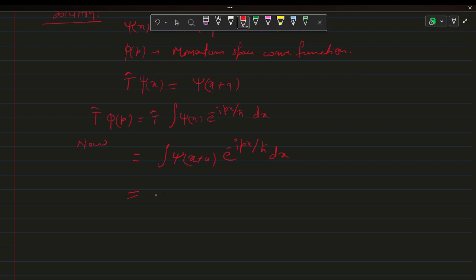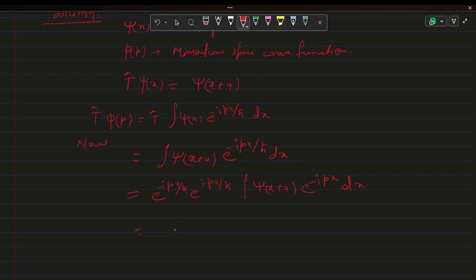So what we can write here is, we can multiply by e to the power minus ipa, and it was ipa, ipa upon ħ, integration ψ(x+a) e to the power minus ipx dx.